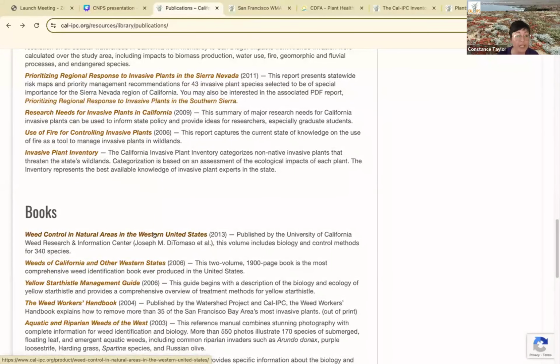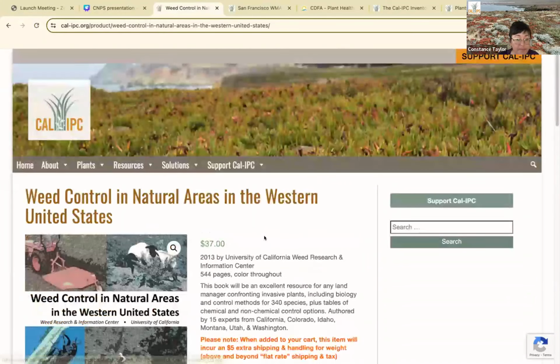So we're going to go to Weed Control for Natural Areas. This is a great book. This is species specific, and so it has most of the species that people are interested in controlling, with control methods for 340 species. It's also got non-chemical and chemical control options for all of those species.